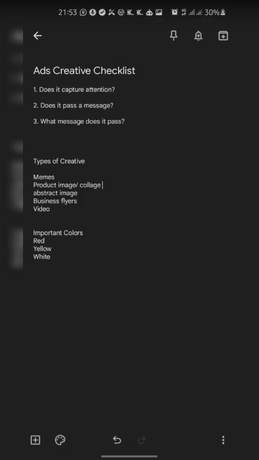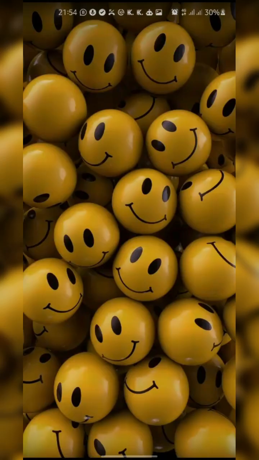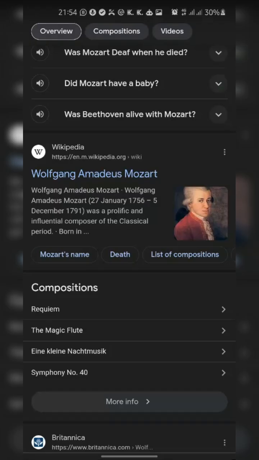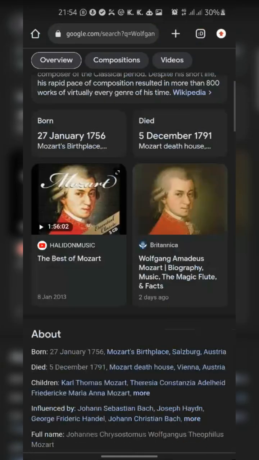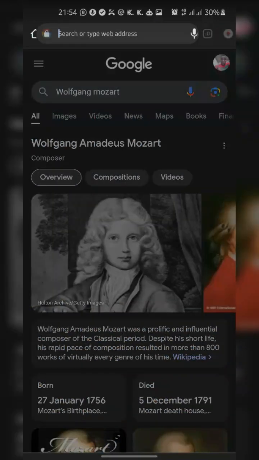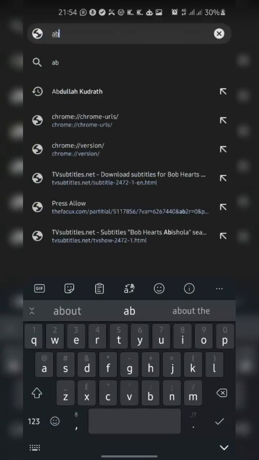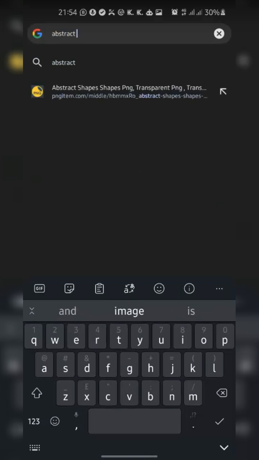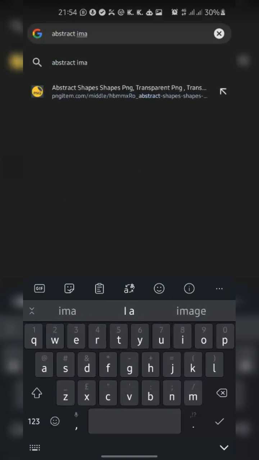All right, so the next one is abstract image. What is abstract image? Well, let's go and ask Google. I just want to use the definition to show you guys.